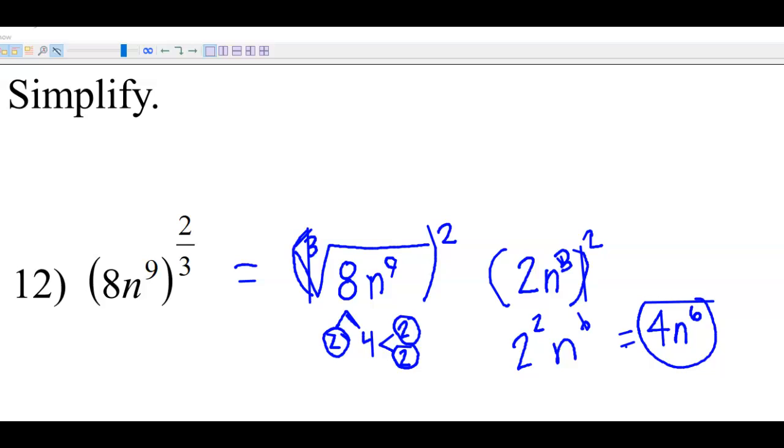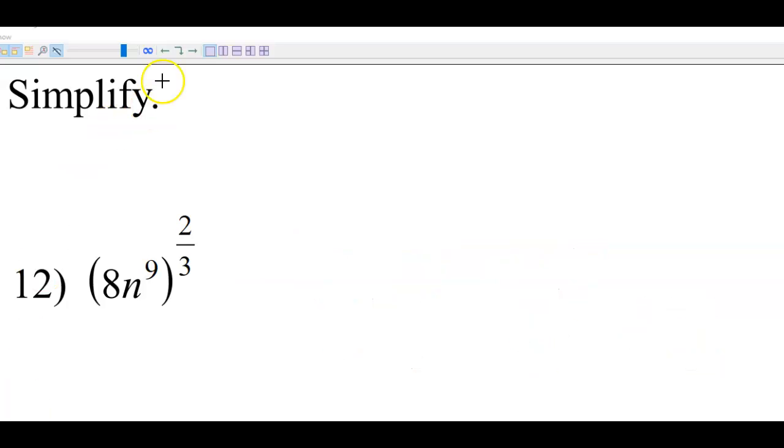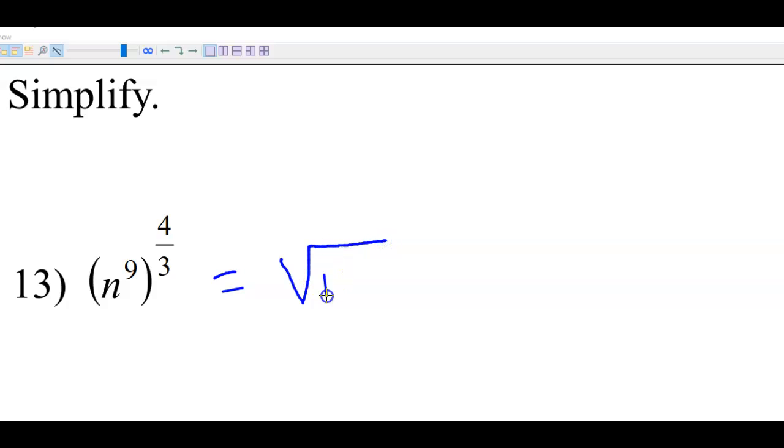All right, let's try just like maybe 1 or 2 more, and then that'll be it for today. Here we have n to the 9th raised to the 4/3. So again, n to the 9th goes underneath. Our root is 3, our power is 4.